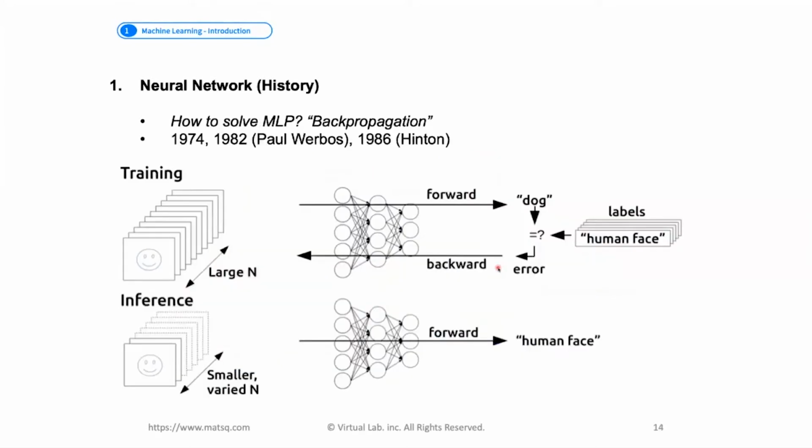In 1974, Paul Werbos first suggested backpropagation in his thesis. After that, Professor Hinton developed it. The concept of backpropagation is quite simple. We know that forward propagation alone cannot solve the multi-layer problem, which means we can't determine the weights and biases.